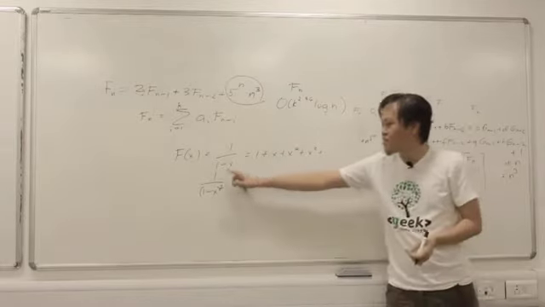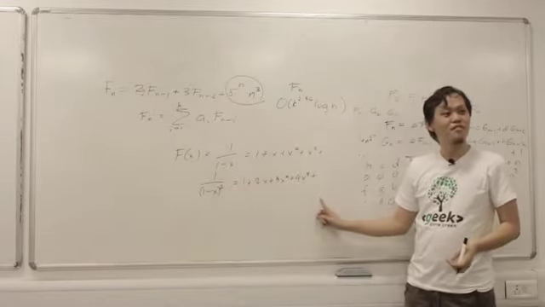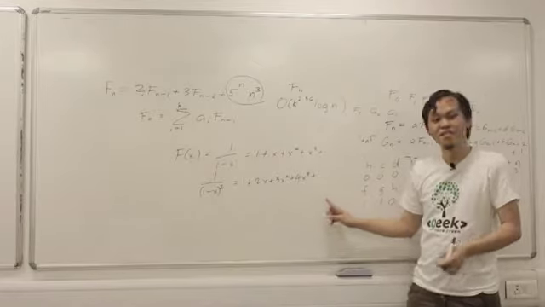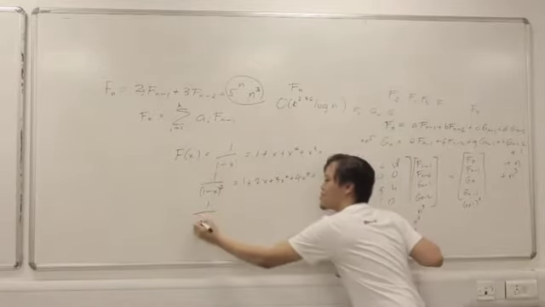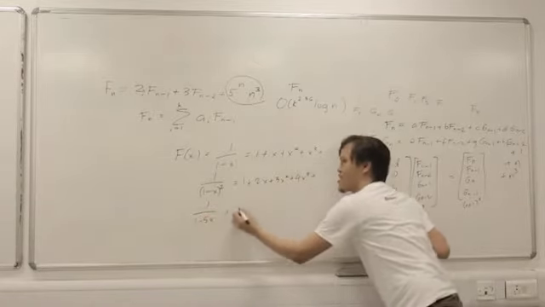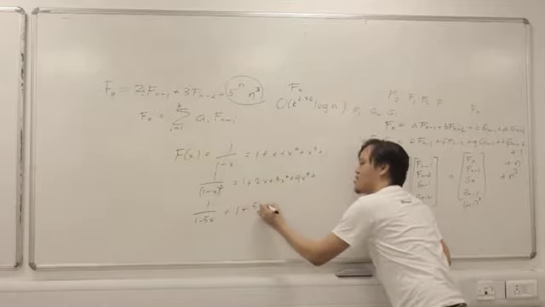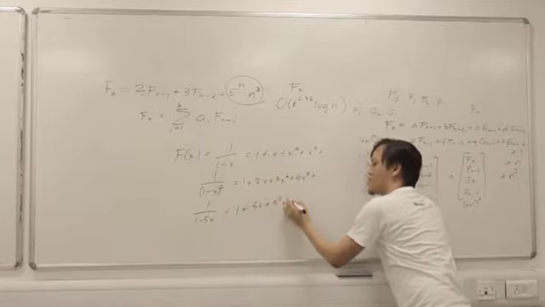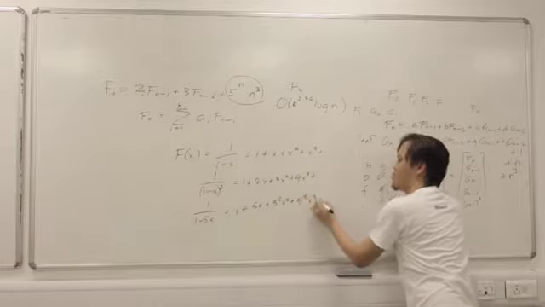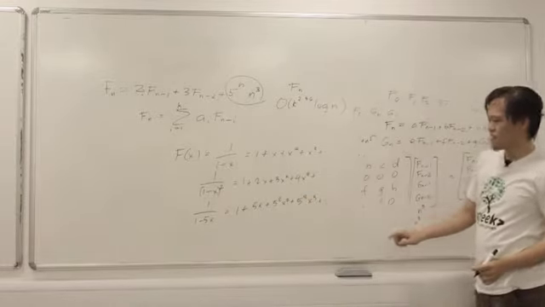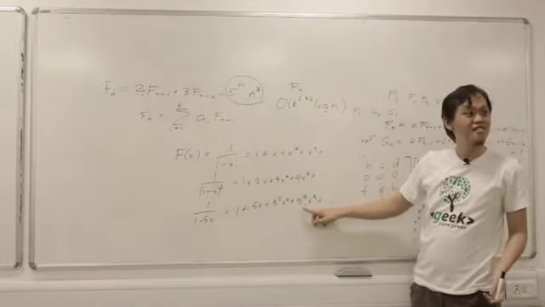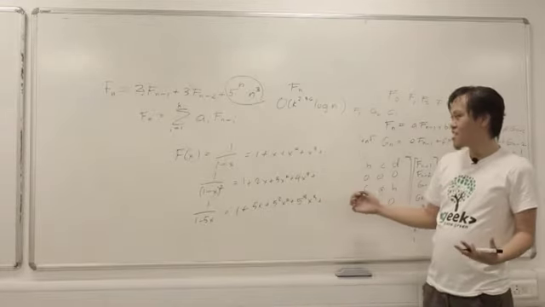So this function generates 1, 2, 3, 4, 5. Of course, we can also write 1 over (1 minus 5x), and that generates 1 plus 5x plus 5 squared x squared plus 5 cubed x cubed plus dot dot dot. So it generates the powers of 5. So in general, something like that.